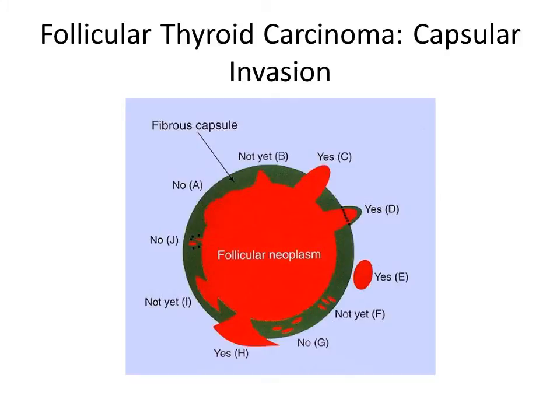The difference between C and D is that D may be transected and you can see only part of the invasion, and in E you see a satellite nodule present in the lesion. Whether it's yes or no in parts F, G, I, and J, those are the more controversial issues.